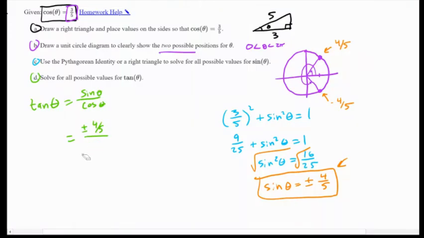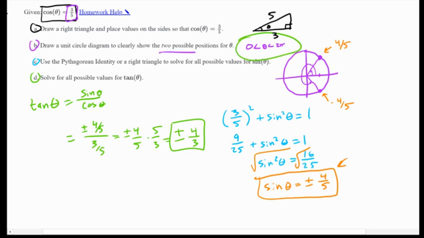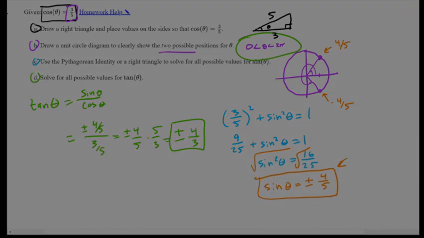And then my cosine was given to me, which is 3/5. So now I'm going to just multiply by the reciprocal, and my possible values for tangent are positive or negative 4/3. And that's, again, if you remember, just between 0 and 2 pi.